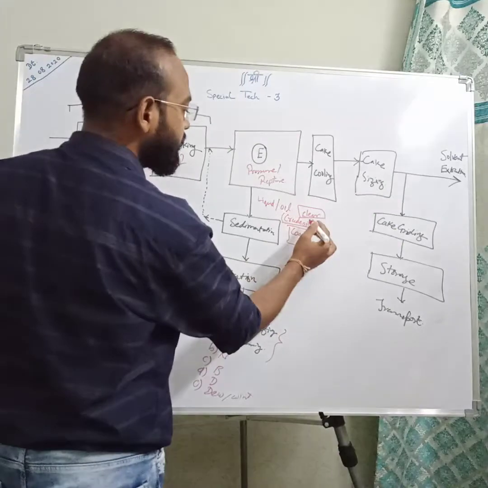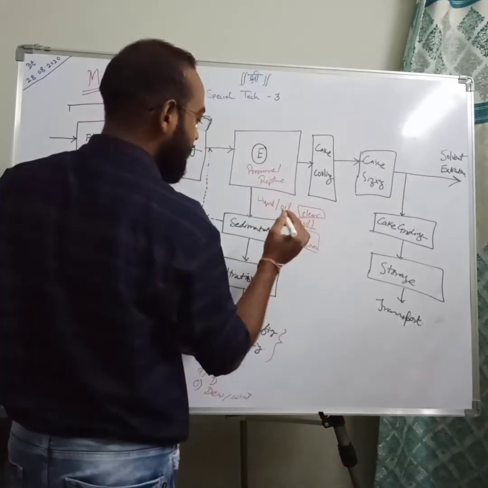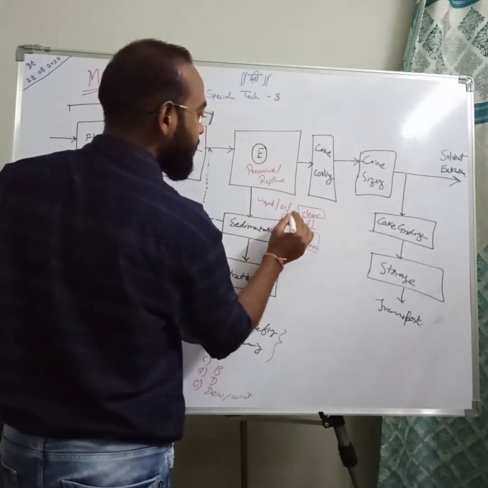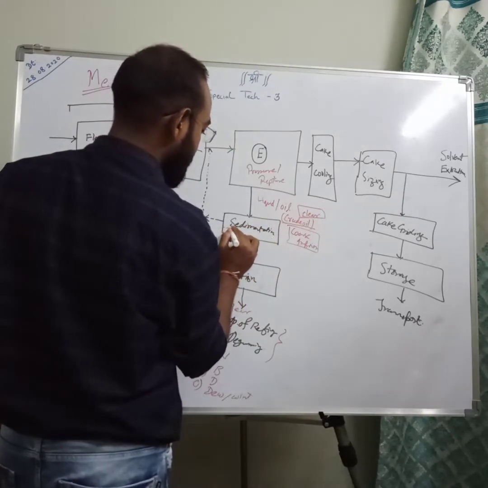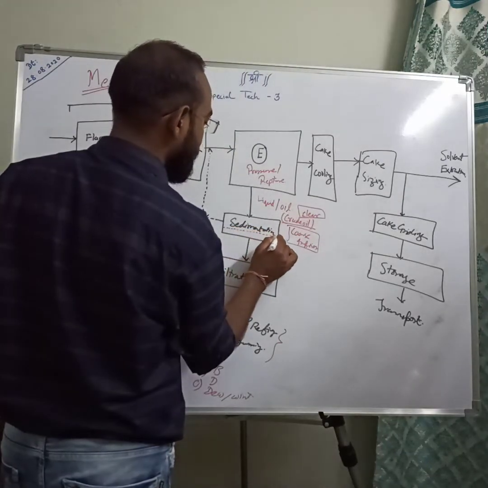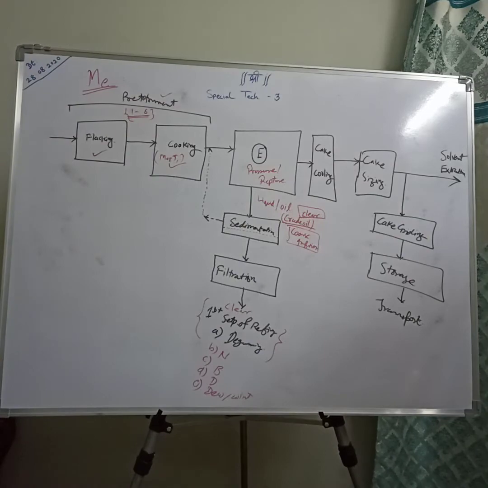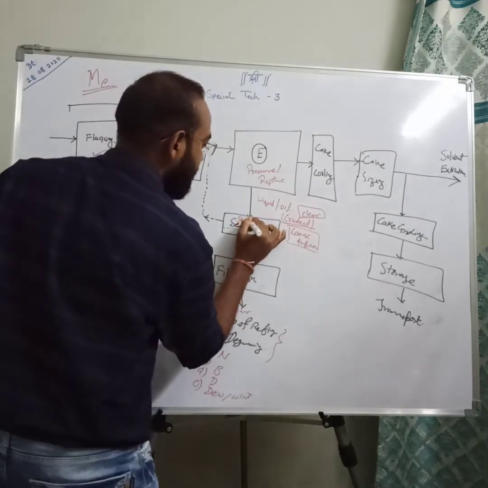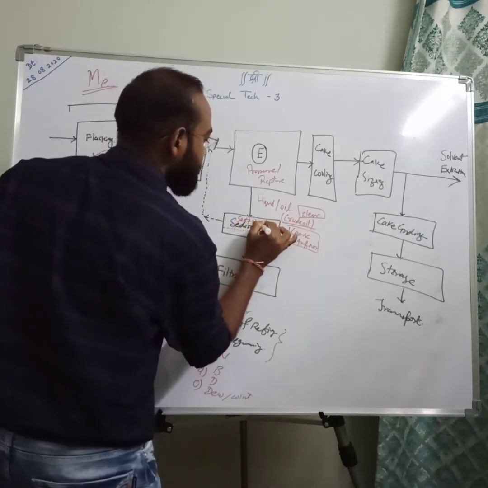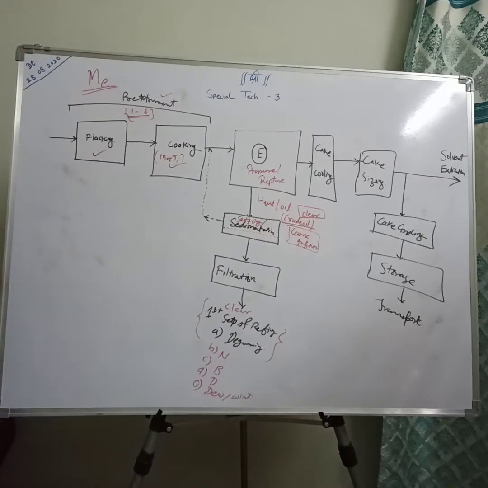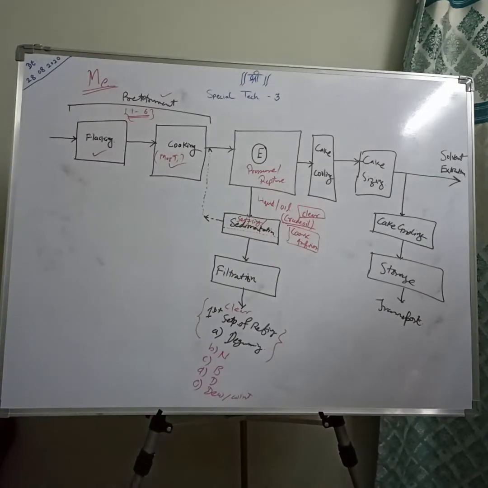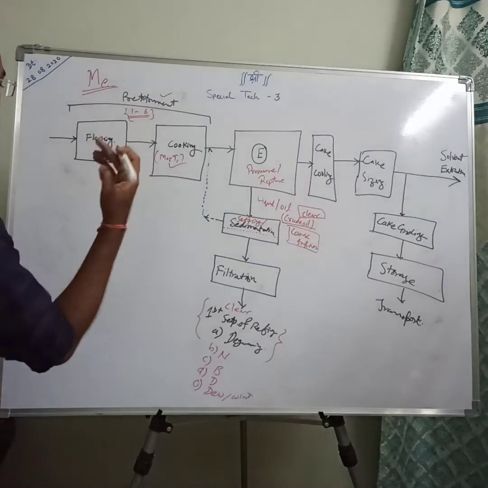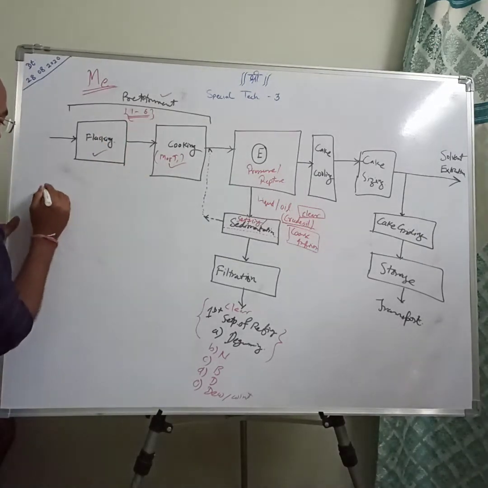To remove this unwanted material, which I already mentioned, the crude oil is sent for sedimentation, or we can say a settling operation. Mainly a settling operation is carried out in sedimentation. Sedimentation is carried out mainly in two types of tanks.